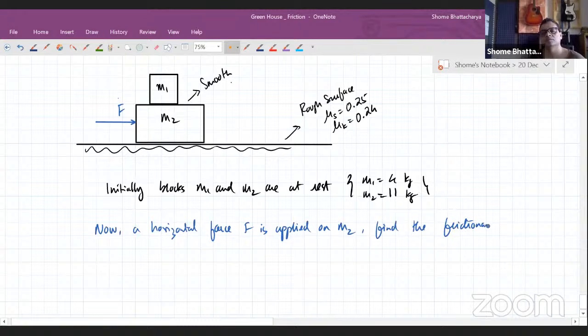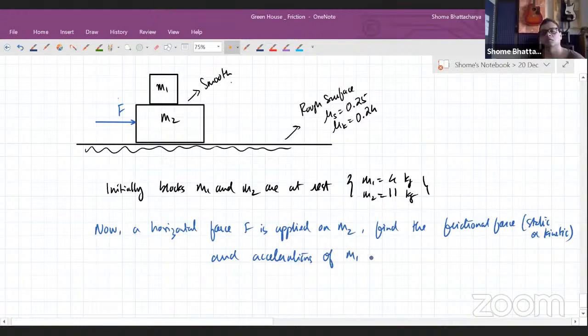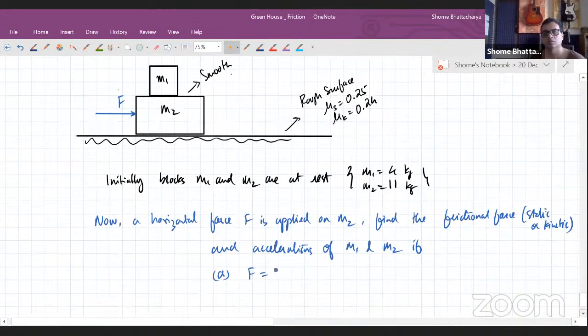Okay. Find the frictional force, okay, whether it is static or kinetic, okay, and accelerations of M1 and M2 if this external force that we are applying is 30 newtons.